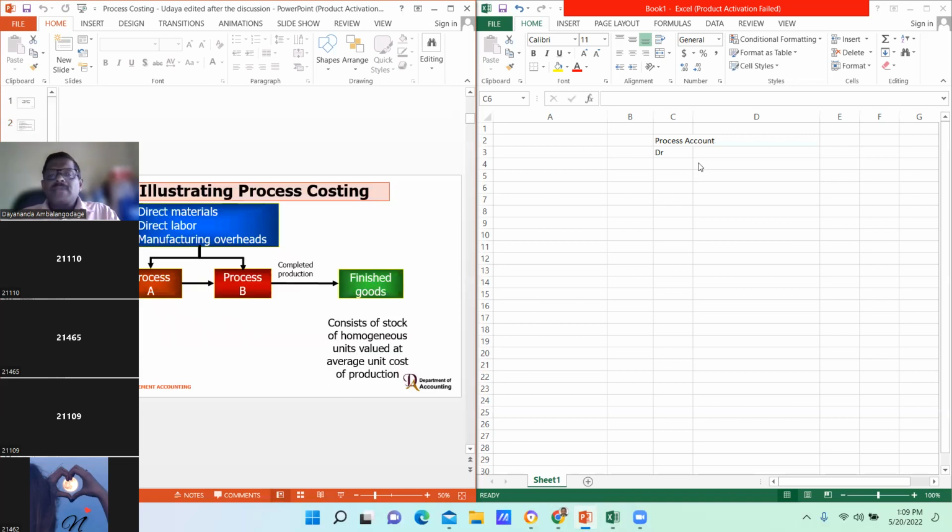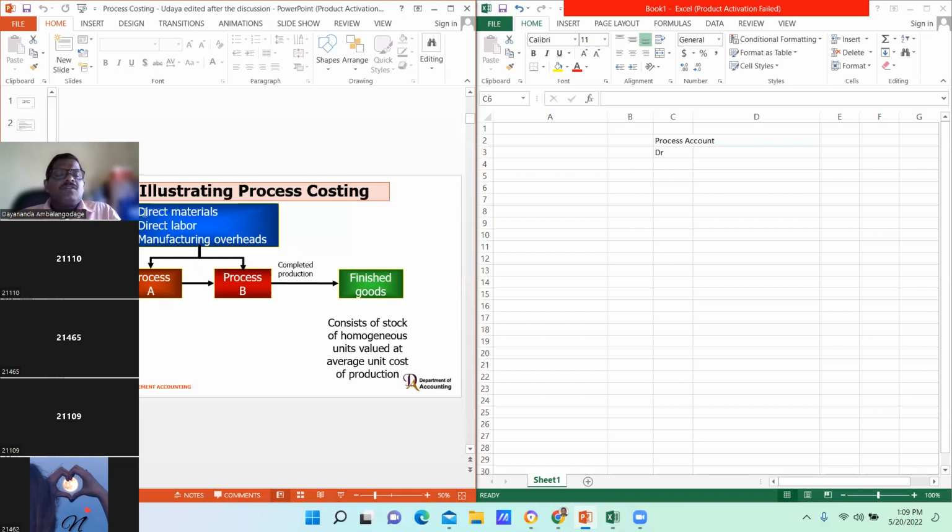Okay, coming back to the illustration of process costing. When you think about process costing, like other manufacturing setups such as job costing, we use inputs for the process. We will label them as direct material, direct labor and manufacturing overheads.